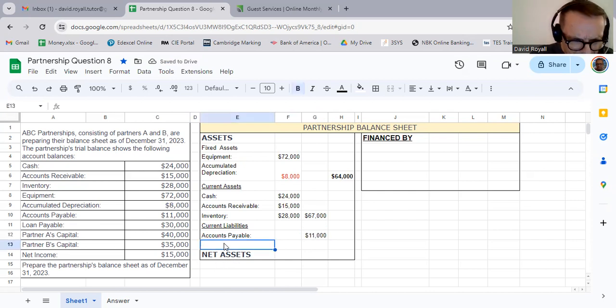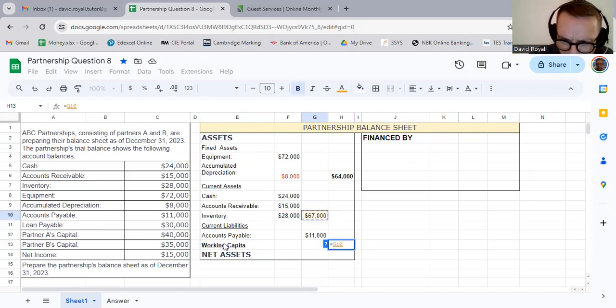So I've got working capital. There's current assets less current liabilities. So there's my two assets. Fixed assets up here. Current assets down here. Less current liabilities. In other words, working capital.